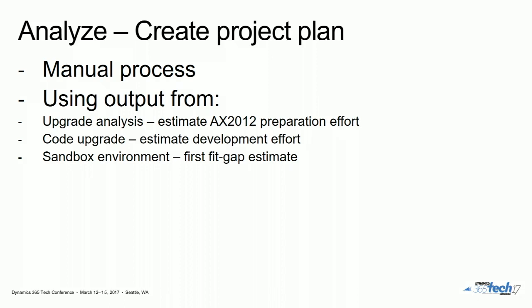Creating the project plan, nothing to do with our software, just a part of the end-to-end process. The reason why I call that out is because the output from the upgrade analysis, from the code upgrade estimation work, and from having deployed your first Dynamics 365 for Operations environment gives you what you need to be able to create the shell of a project plan.